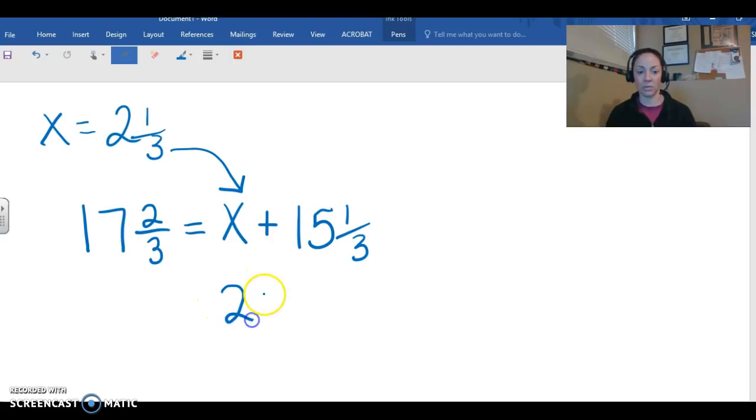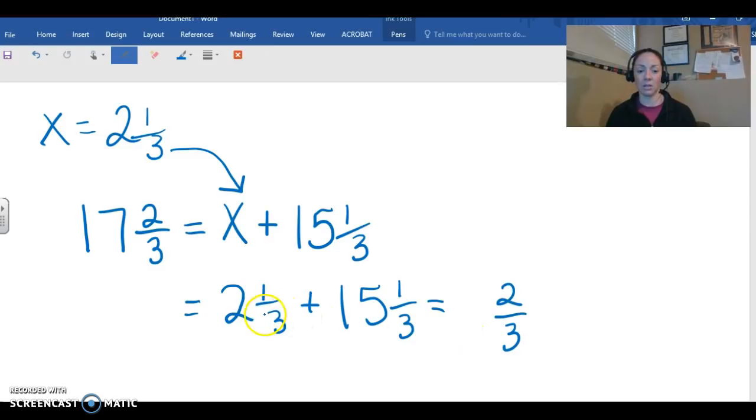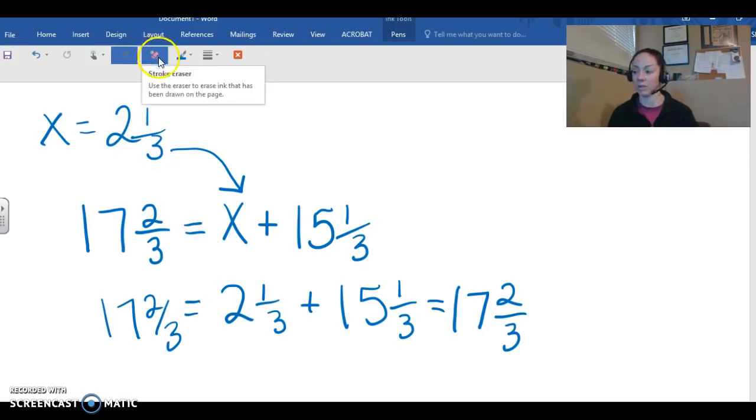So if we have 2 1/3 plus 15 1/3, let's see what we get for that. 1/3 plus 1/3, well, that equals 2/3. And 2 plus 15 equals 17. So, is that a true statement for x? Does x equal 2 1/3? And yes, it does. It proves to be true in this one.